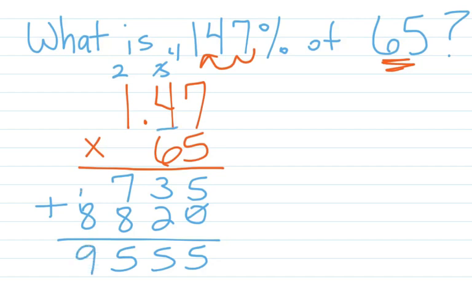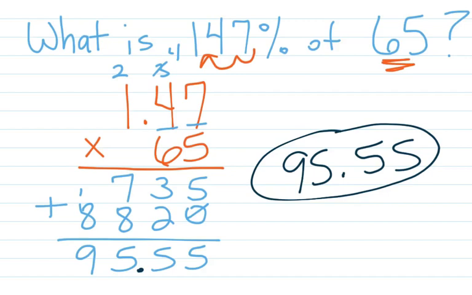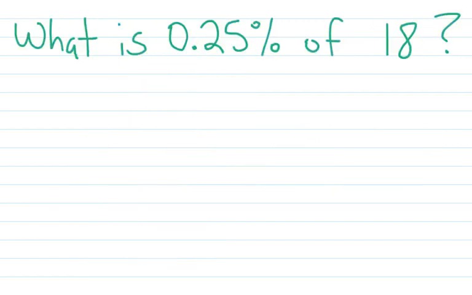And I had 2 decimal places in my problem. So I'm going to have 2 in my answer. So 95.55 is the final answer here. That is 147% of 65.